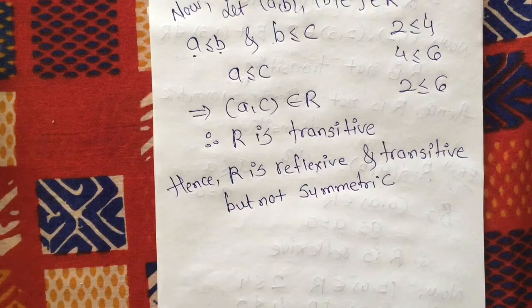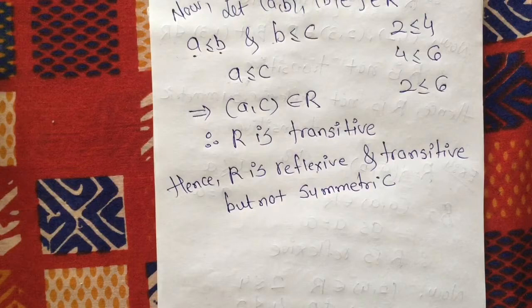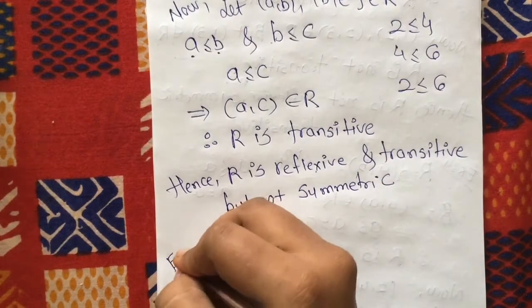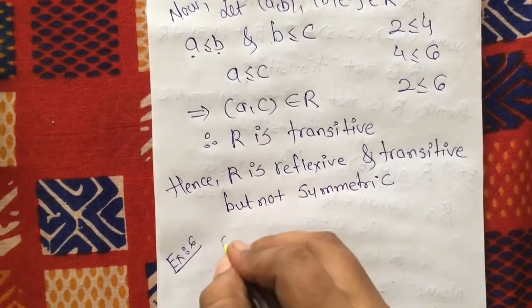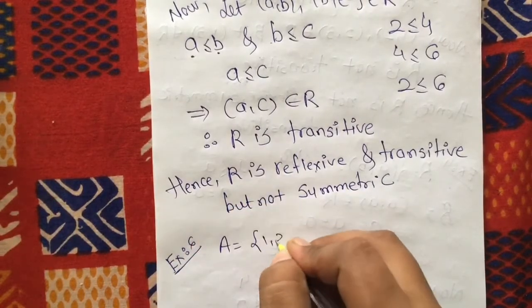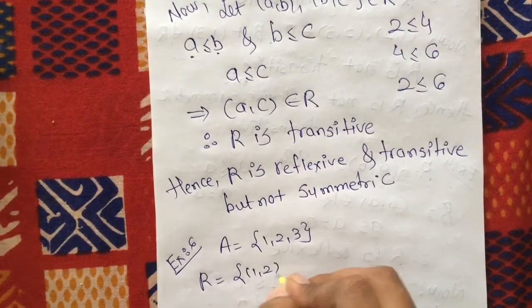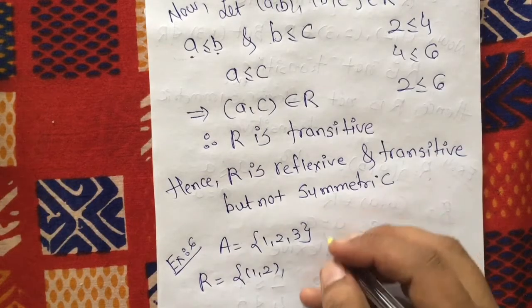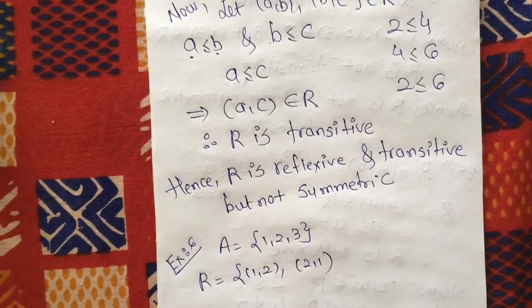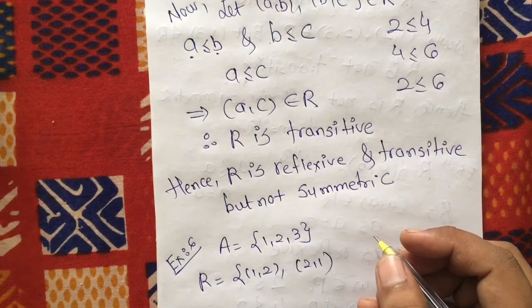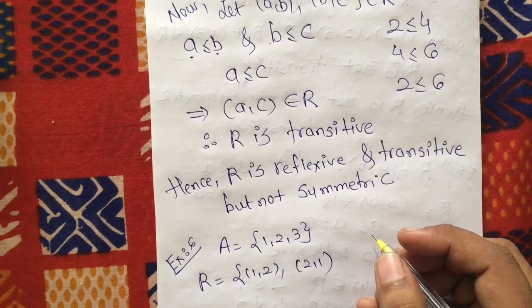Okay, so the next one you can derive by yourself. Move on to example number 6, that is, show that the relation R in the set A = {1, 2, 3}, given by R = {(1, 2), (2, 1)}, is symmetric but neither reflexive nor transitive.